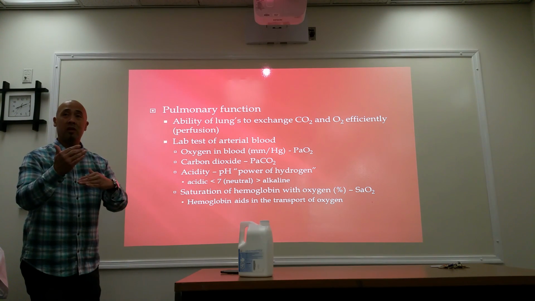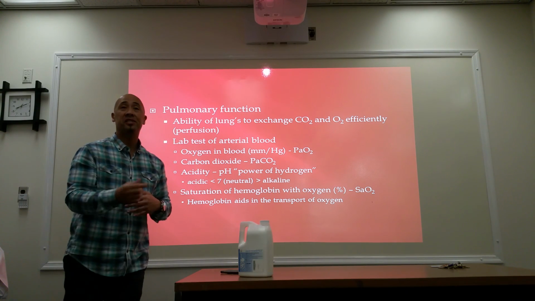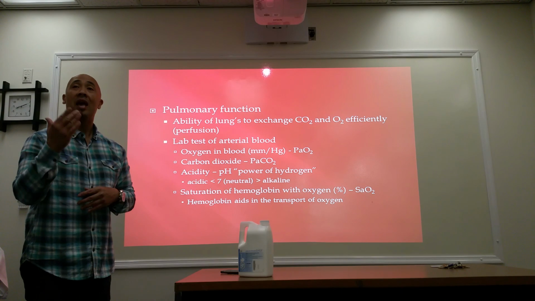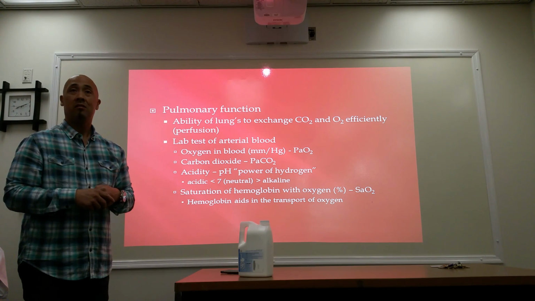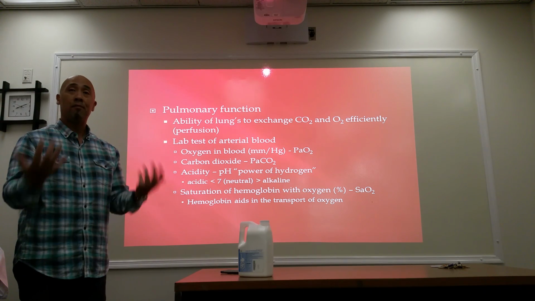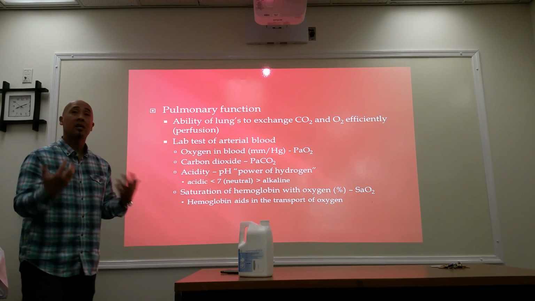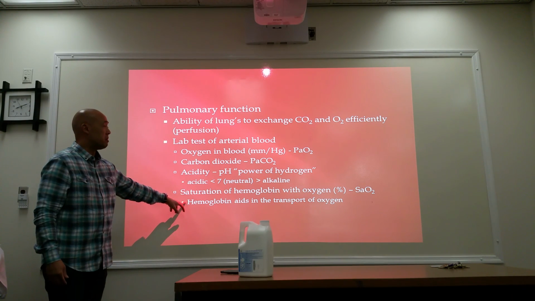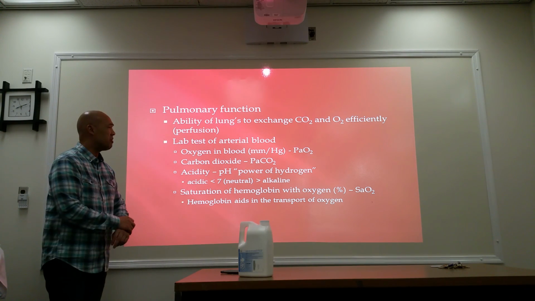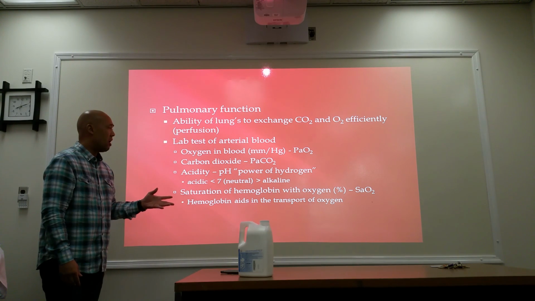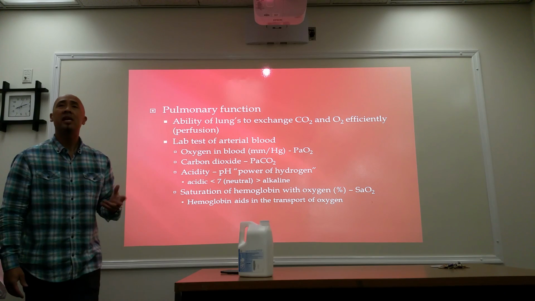7 being neutral. Anything less than 7 is considered acidic. Anything greater than 7 is considered alkaline. In excessive amounts, whether acidic or alkaline, it's bad, and your body cannot handle those situations. Saturation refers to the percentage of hemoglobin containing oxygen.